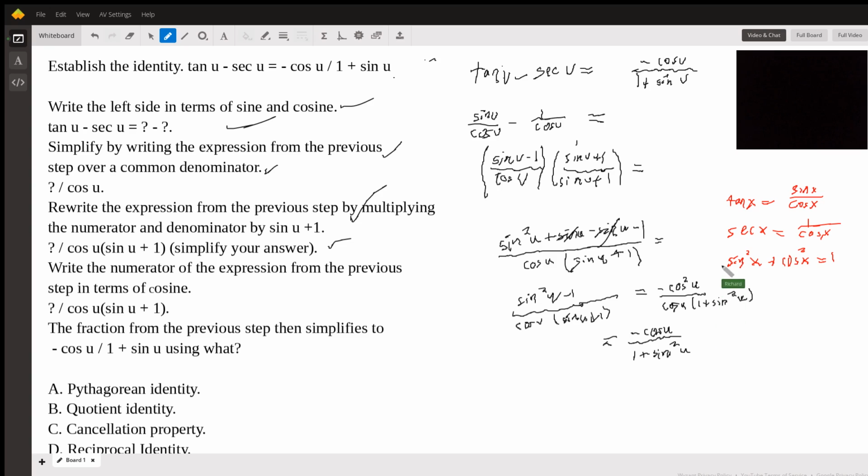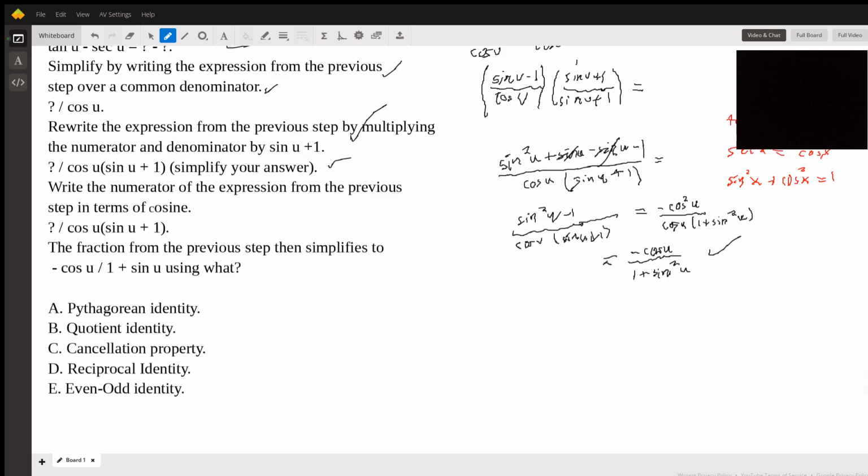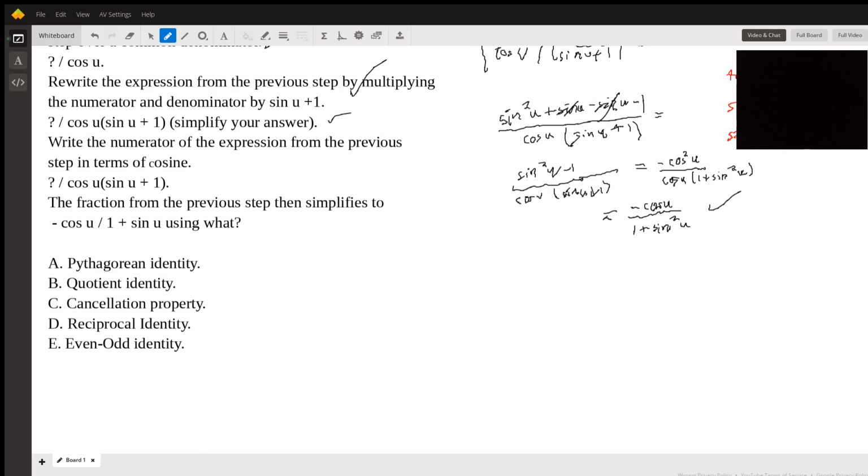And we're done, because now we've got something that matches the target exactly. To get rid of the cosine squared over cosine, we used the cancellation property. So there we are. And that's the solution to this one.